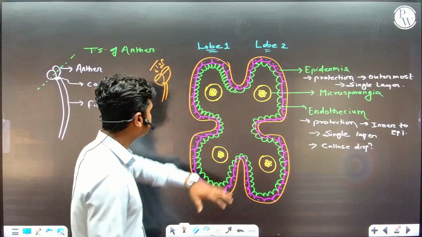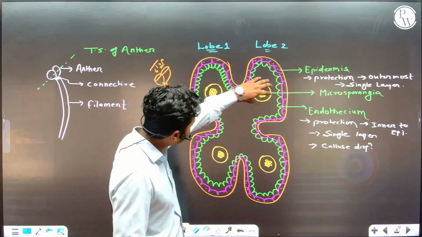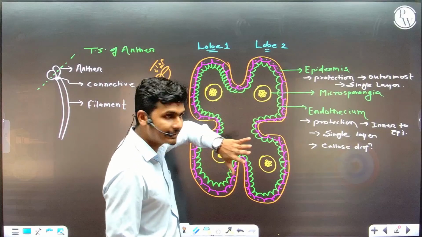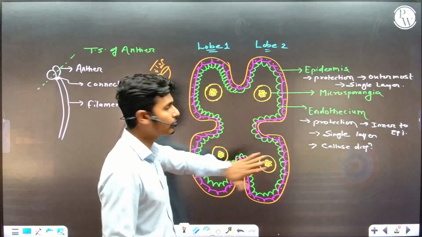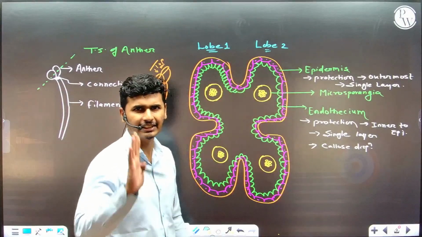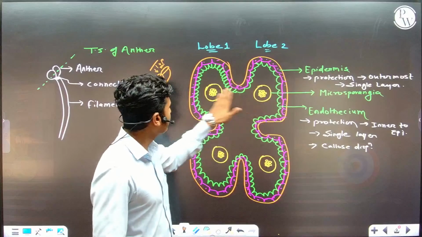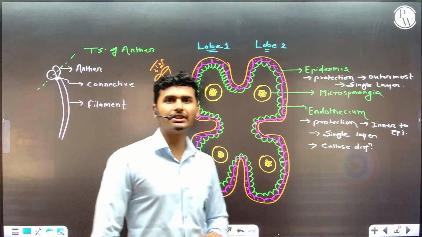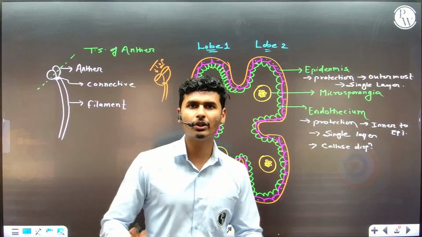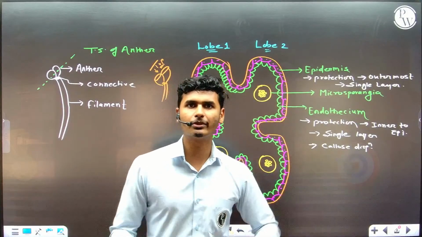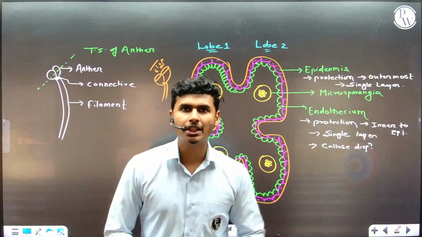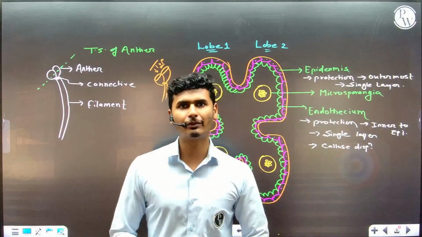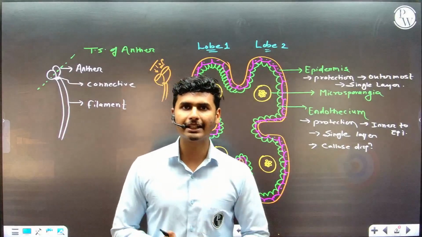Because look, there are microsporangia present here, 1, 2, 3, 4 microsporangia in each dithecous anther. Each microsporangium has sporogenous cells. Every sporogenous cell can undergo meiosis and then mitosis, forming 4 pollen grains. And 4 pollen grains are responsible for the formation of 8 male gametes.